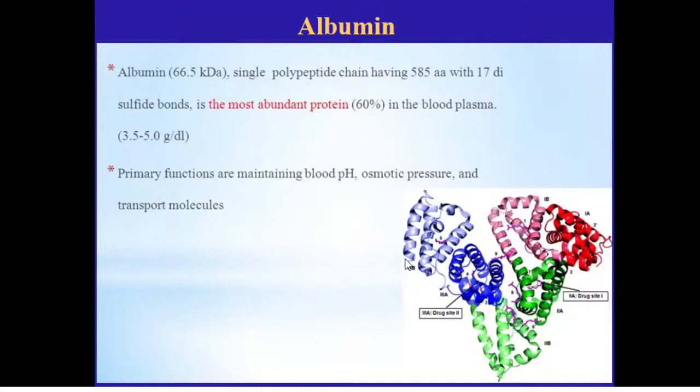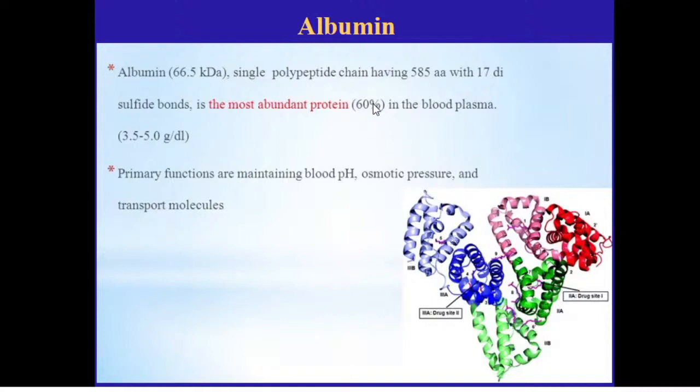So in the structure of albumin, we can see nearly 3 such domains, the so-called 3-ball model of albumin, and no non-protein parts. So this is a simple protein, and this is an example of a protein in tertiary structure.